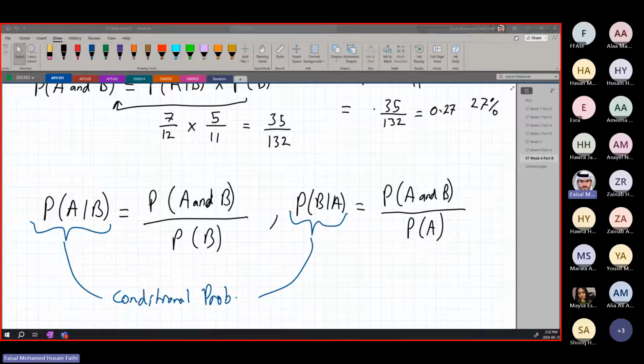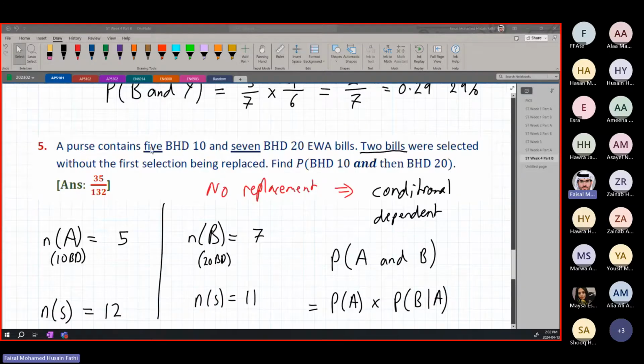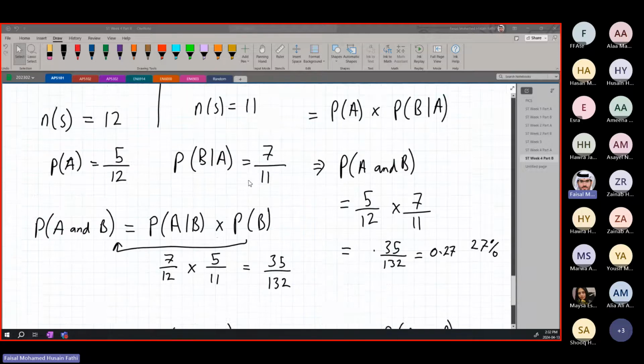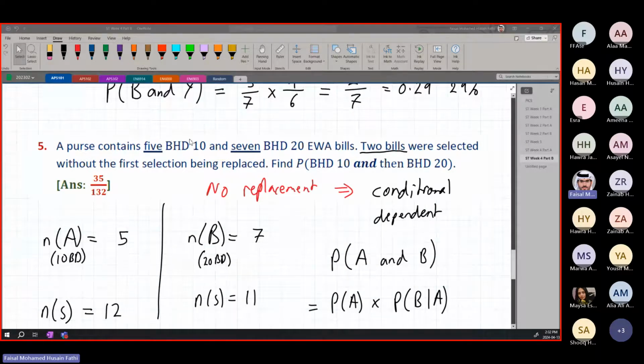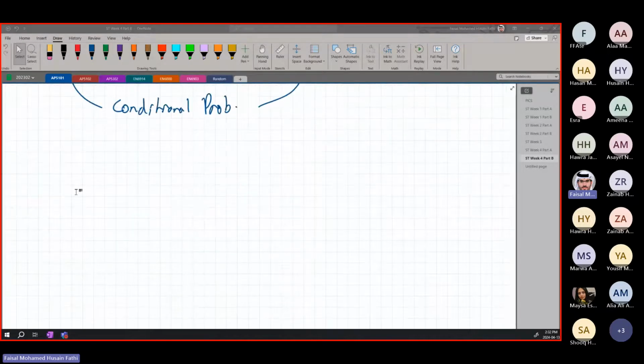Is this clear? Anyone has any questions so far? Okay. So your question is, why did we take 5 and 7? Remember, here, this is just a 10 BD note. Yani, we're not looking at the cost or at the price, all right? We are looking at the number of, so like let's say this is the bag.